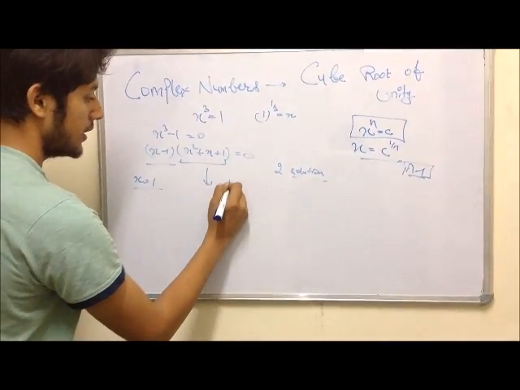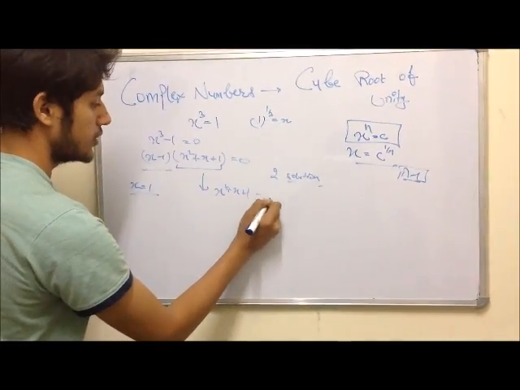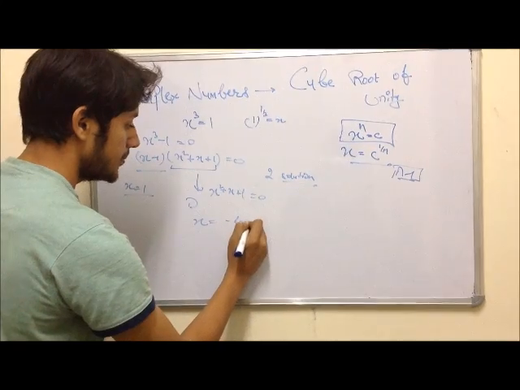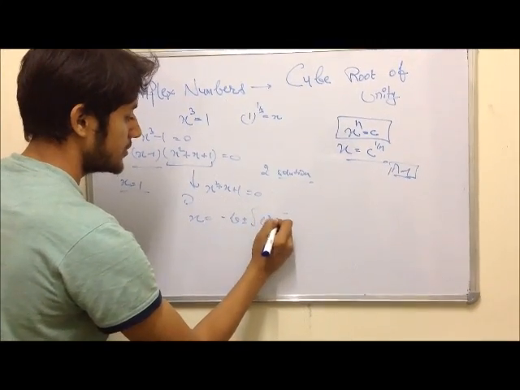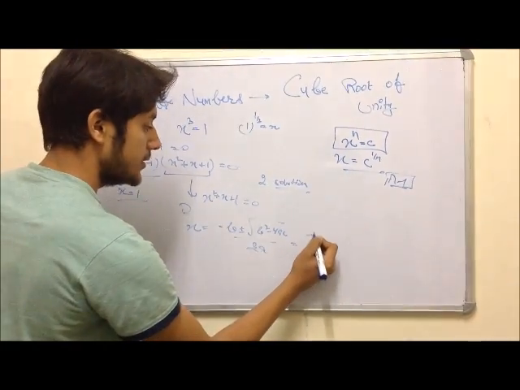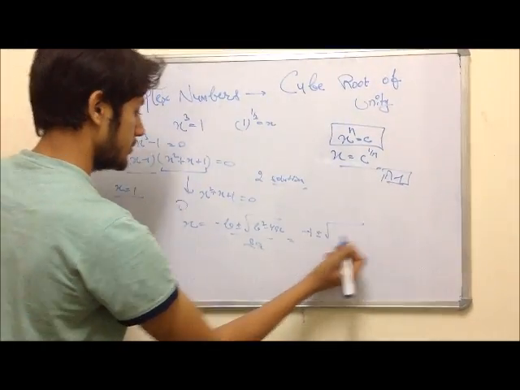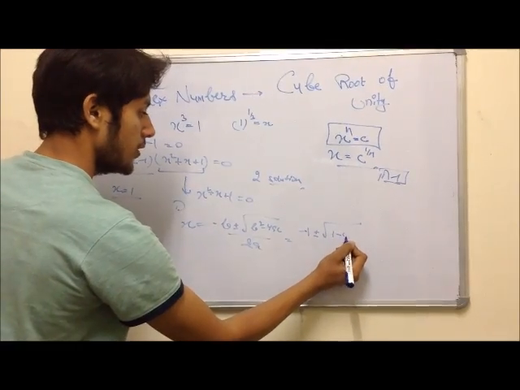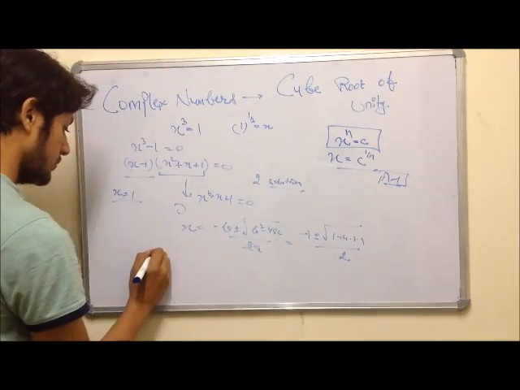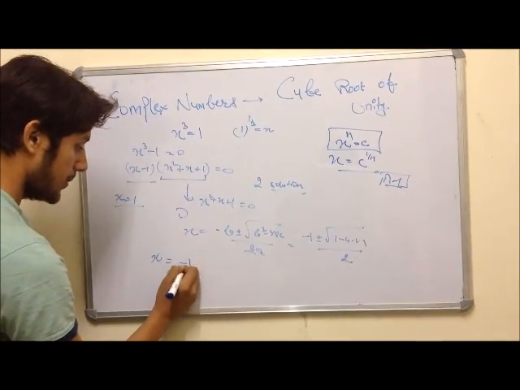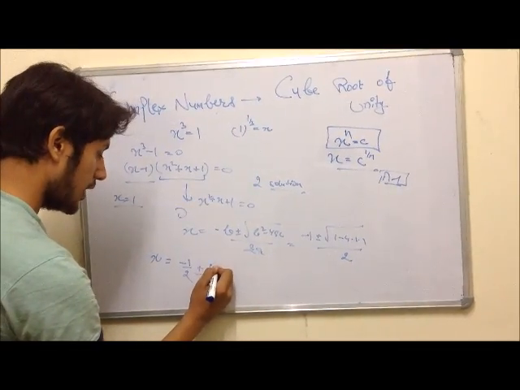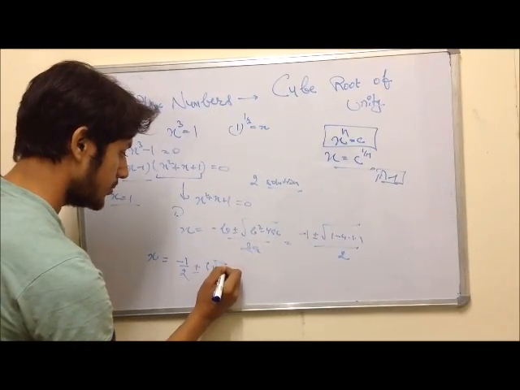Solving this equation, x square plus x plus 1 equal to 0, by the discriminant method we get x is equal to minus b plus minus root of (b square minus 4ac) divided by 2a, which will result in minus half plus minus iota root of (1 minus 4) which is minus 3, by 2.